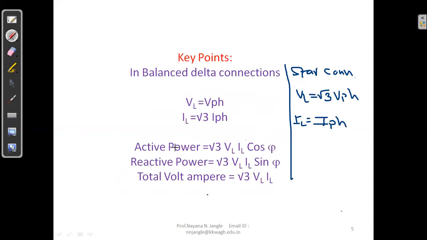Active power is given by the formula root 3 VL IL cos phi, reactive power root 3 VL IL sin phi, and total volt ampere root 3 VL IL.